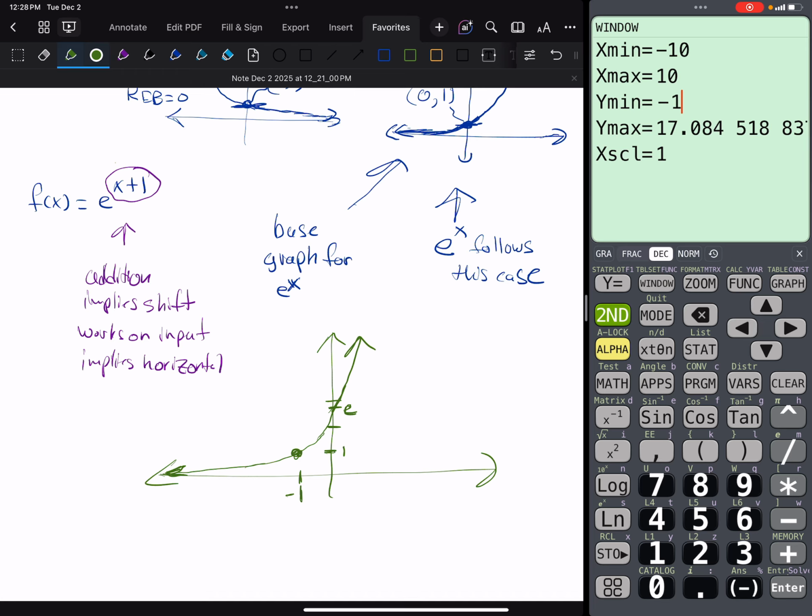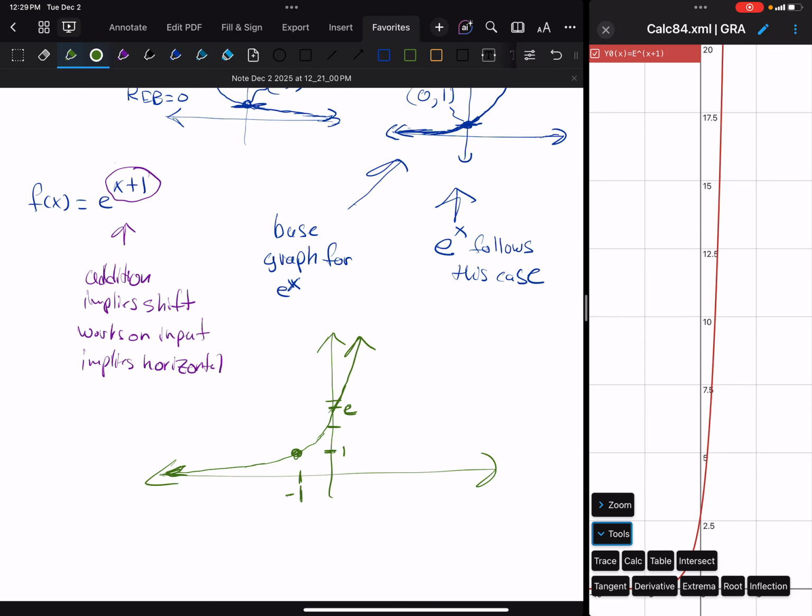So I'm going to go like -1, so that's not off the screen. And in the positive direction, because of the exponential growth, this thing could get huge, so I'm going to let it go up to like 20. It's definitely going to go off the graph before it gets to 10, but we'll see what happens. You see it's still definitely going way off the graph before it gets to x equals 10.